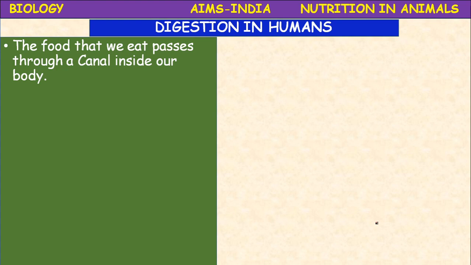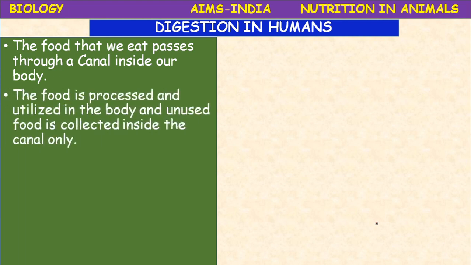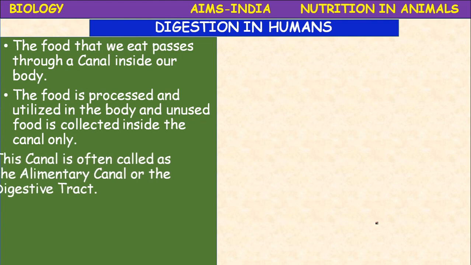The food that we eat passes through a tube-like structure or canal inside our body that is called the alimentary canal. The food is processed and utilized in the body, and unused food is collected inside the canal and later it is ejected or eliminated.